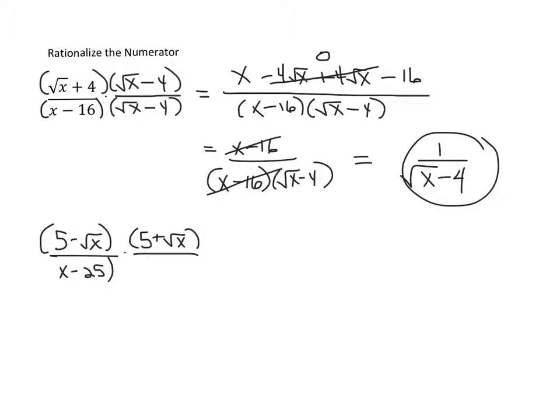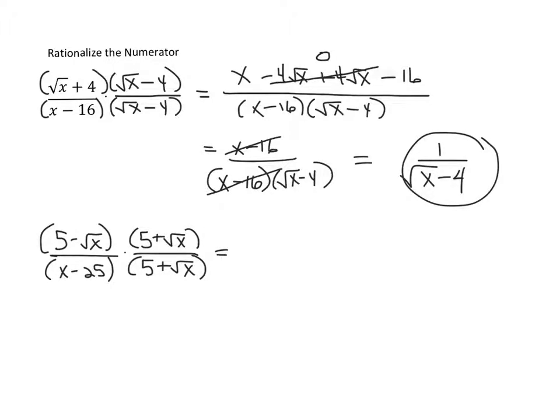And whatever we multiply the top by, we have to multiply the bottom. Okay, so multiplying out, I'm only going to multiply out the numerator, and I'm going to leave the denominator for a while with the hopes that there's something that could possibly cancel.